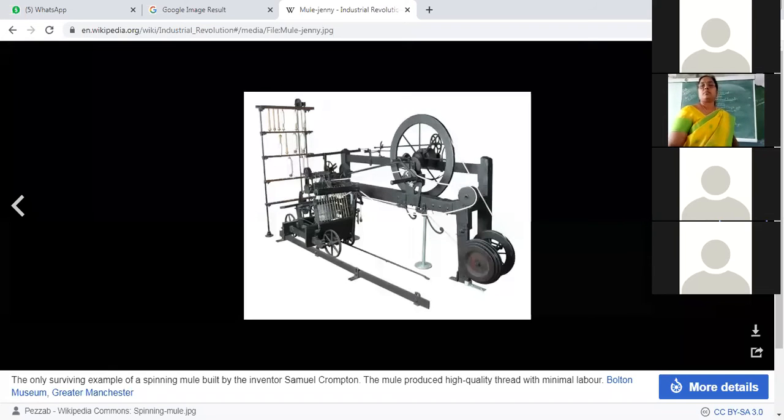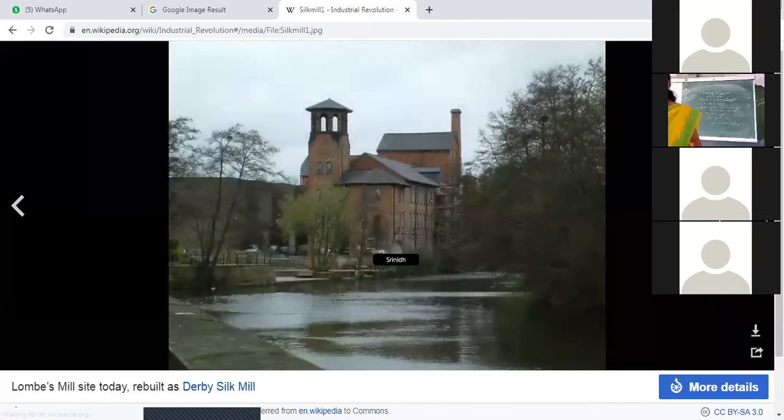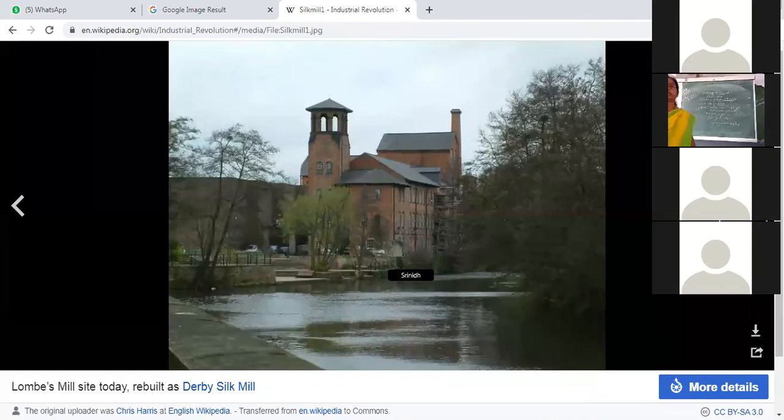That was the thing. Like that, observe all these big industries with the machineries. See, industrial, this is what I said, the part of the industrial revolution. Okay, only the introductory part we are discussing today.